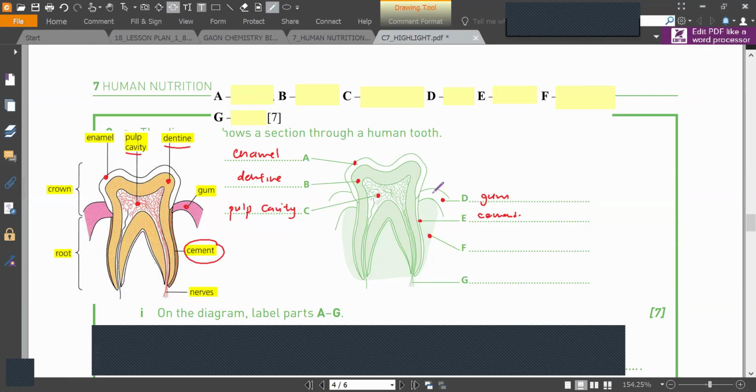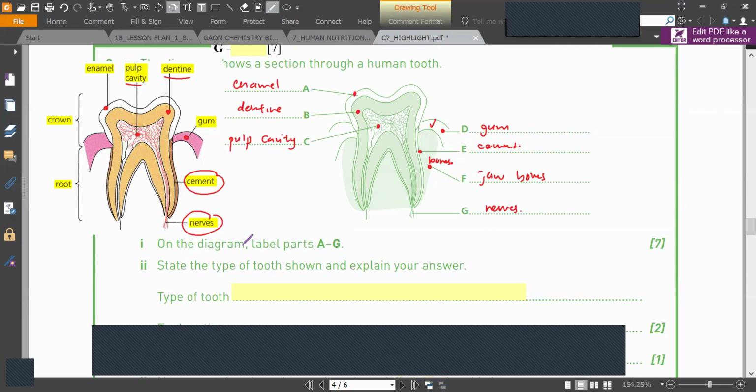The gum will be the tissue, and under the gum will be the bones, so this is the jaw bones. G is this one, nerves.